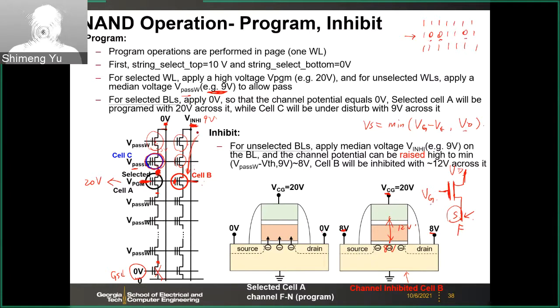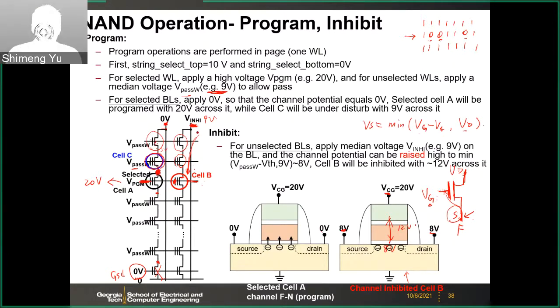However, if the Vg is small and Vd is very large, then this source voltage will follow the Vg. But again, to make this transistor turn on, you have to consider the voltage difference between the Vg and Vs. You have a Vth drop. That's why here you have the Vg minus Vt, so the minimum of those two.